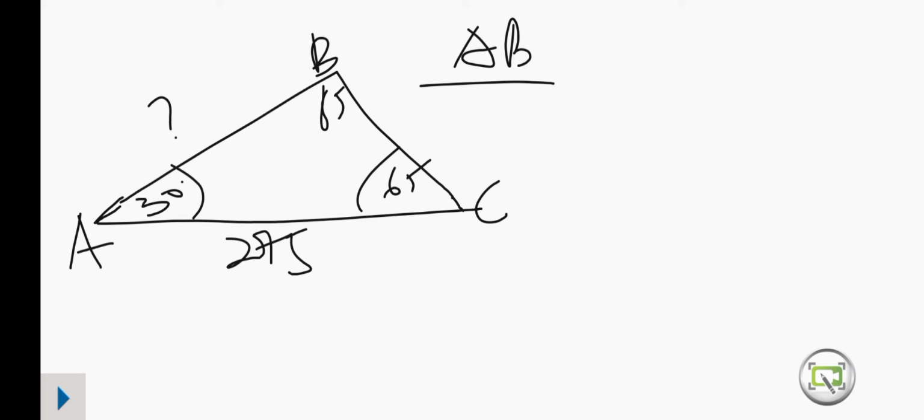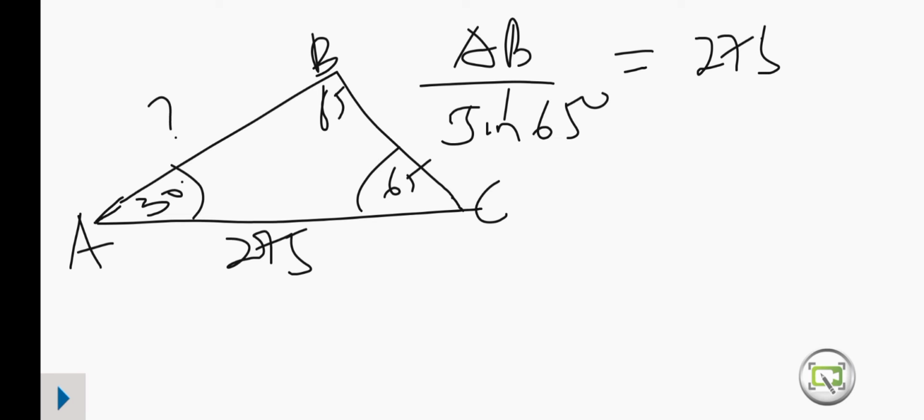So we have AB on sine 65 degrees equals the length given to us, which is 275, on sine 85.